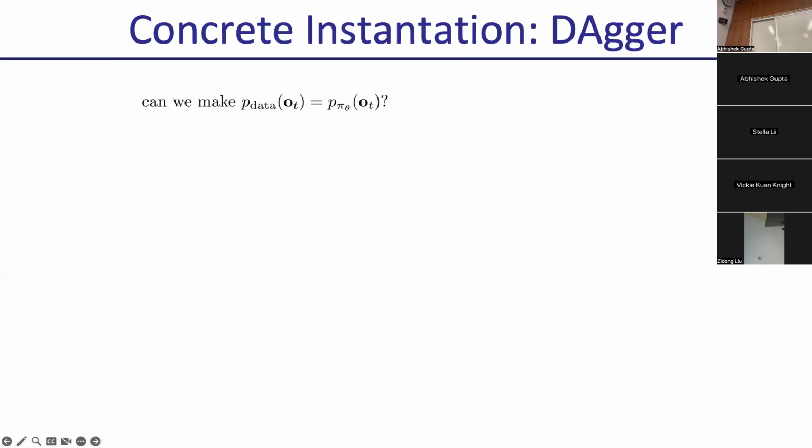All right. So the first method we talked about was something called Dagger. The idea behind Dagger is, can we make our training data, P data, as close as possible to the distribution you get when you execute your policy? P pi theta is what you get when you run your policy in the environment. P data is your offline training data.